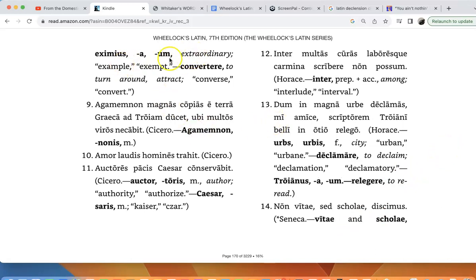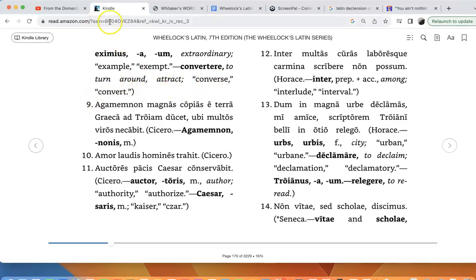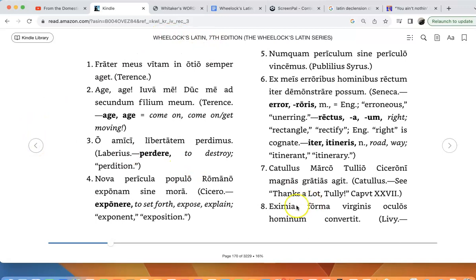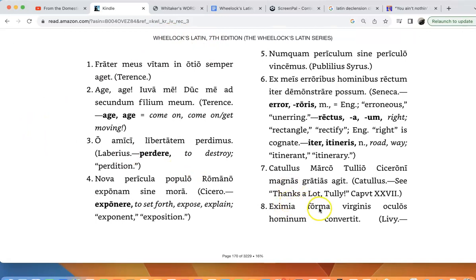So extraordinary, eximius. So we're going to go extraordinary, and then to convert. Convertere means to turn around or to attract. Converse and convert are English derivatives. So the extraordinary form of the girl turns the eyes of men.